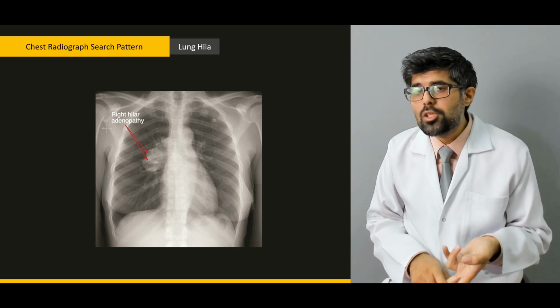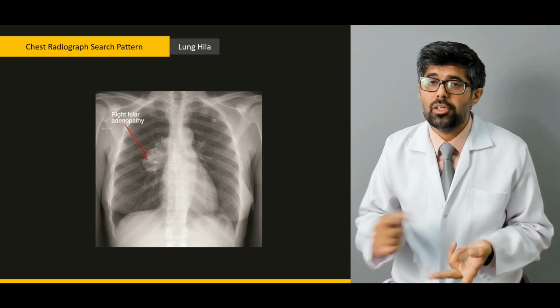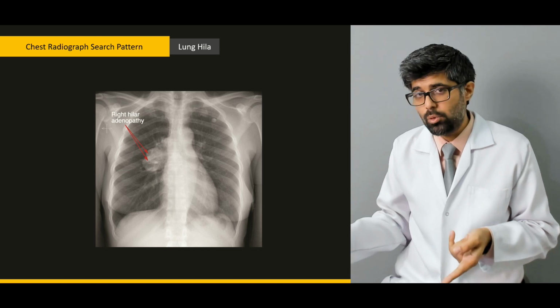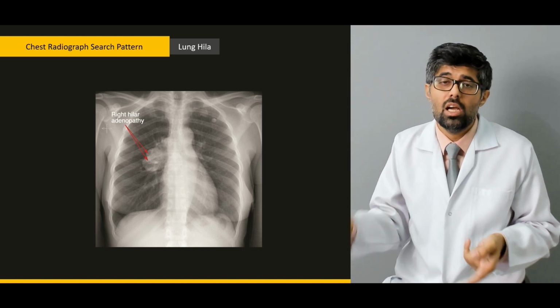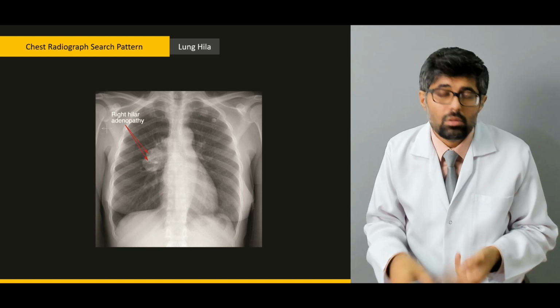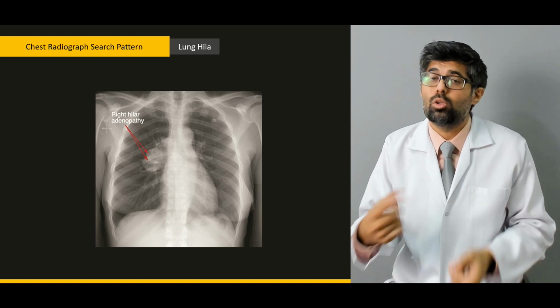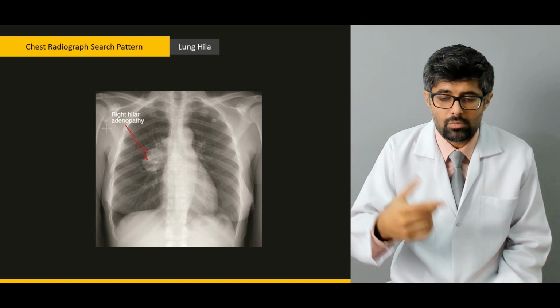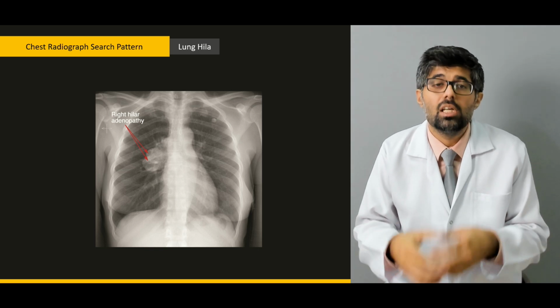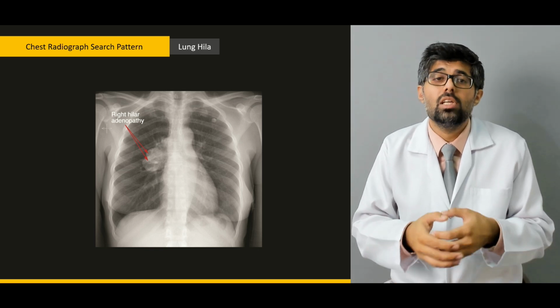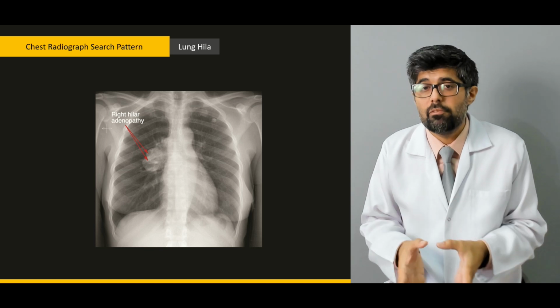Any inflammation of the trachea will result in inflammation of the bronchus and of the hilar mass, or any inflammation will also give us lymphadenopathy, or the inflammation of the lymph nodes.